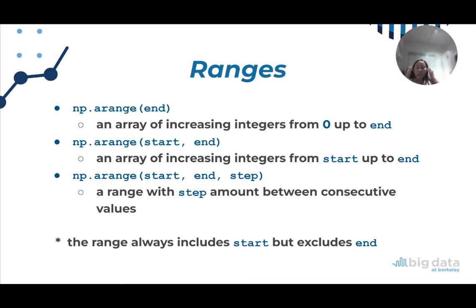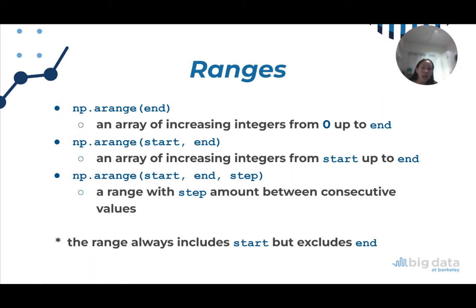So if you picked an end of 3, for example, it will start from 0, and your array will be 0, 1, and 2. Similarly, if you use np.arange and only put 2 values, it will assume it's the start and end.